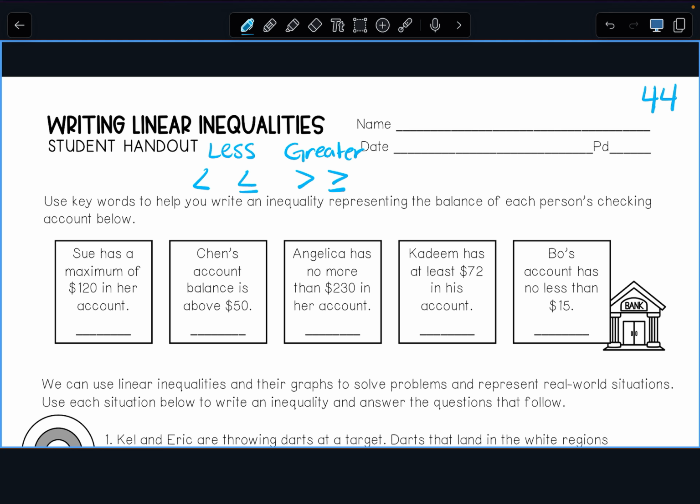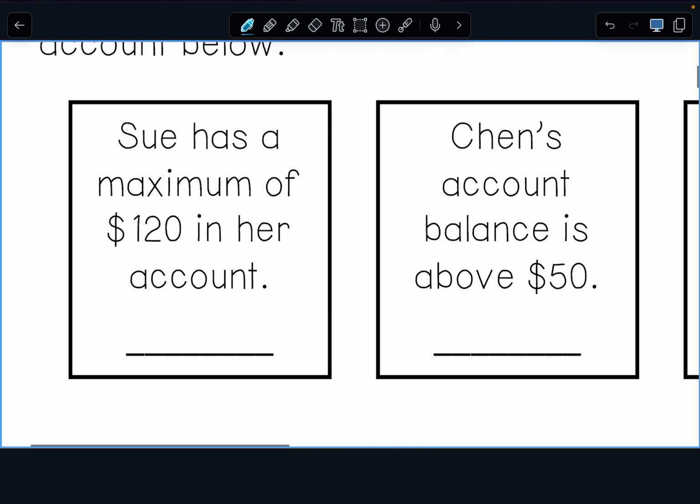It says use keywords to help you write an inequality representing the balance of each person's checking account below. Sue has a maximum of 120 in her account. First of all, who are we talking about? We're talking about Sue, and she has how much in her account? 120.